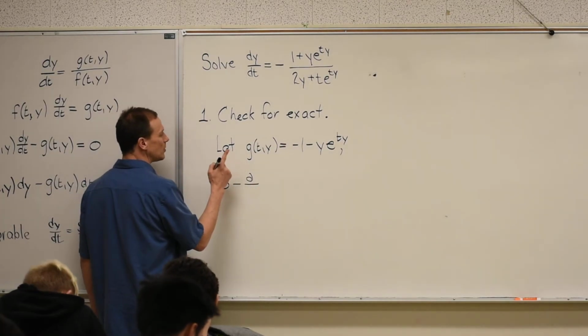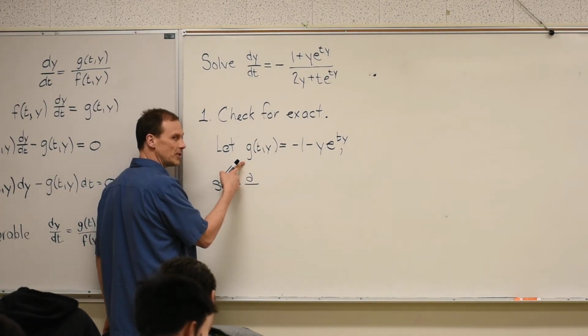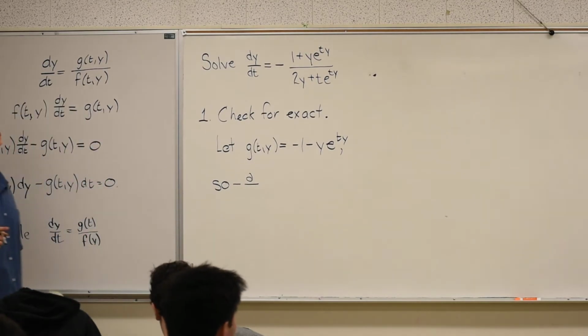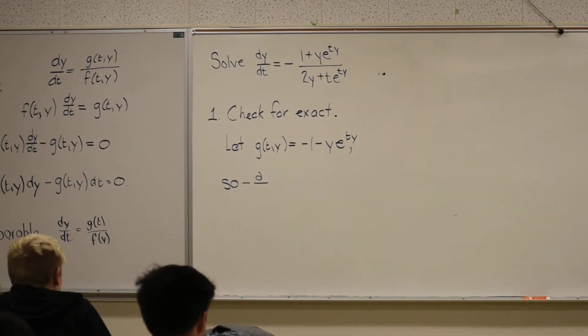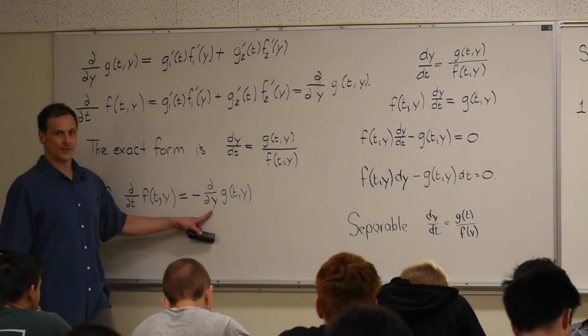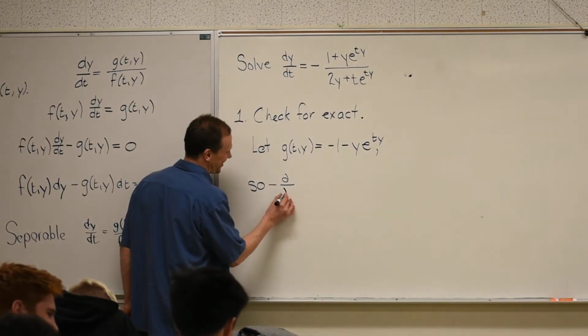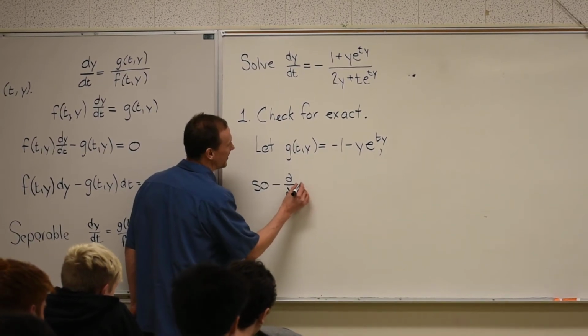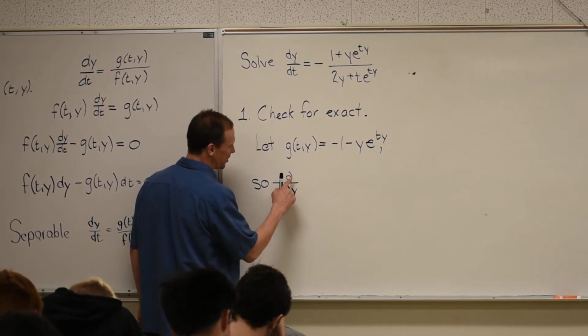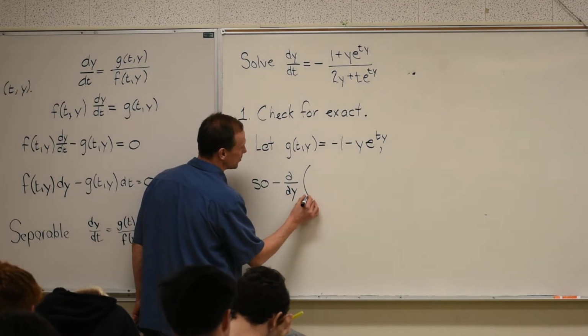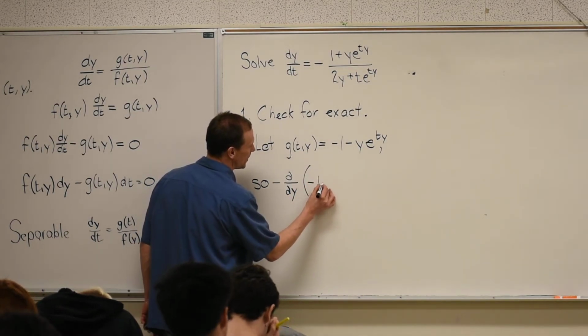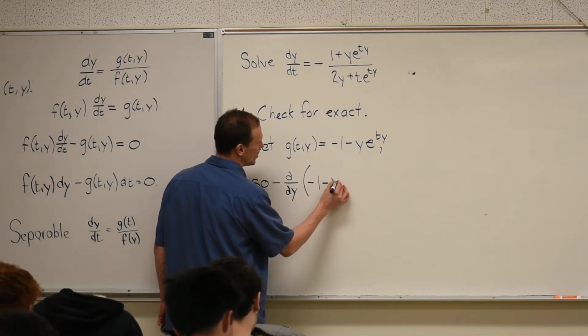In order to check for exact, do we differentiate g with respect to t or with respect to y? Just out of desperation, we'll try y. So minus the partial with respect to y of minus 1 minus y e to the ty.